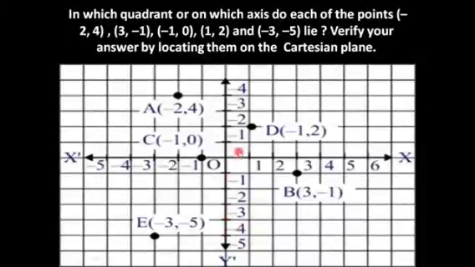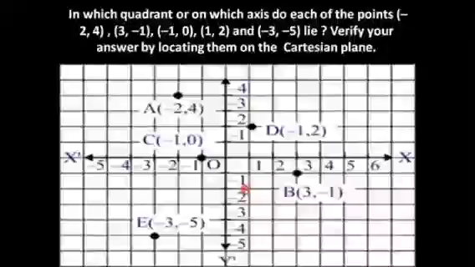Please make sure that the x-axis has positive numbers and the x-dash axis has negative numbers. Similarly, the y-axis has positive numbers and the y-dash, the negative y-axis, has negative numbers. Now, let us try to plot the numbers one by one.